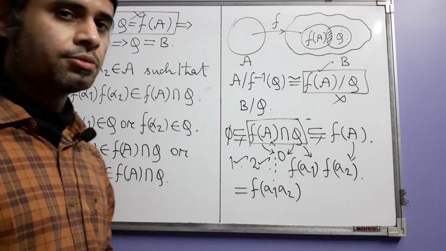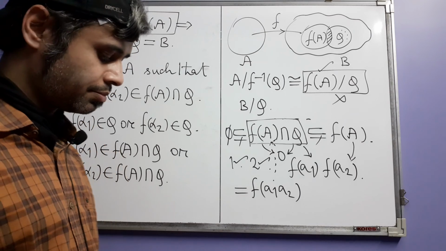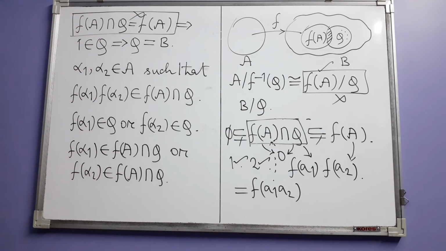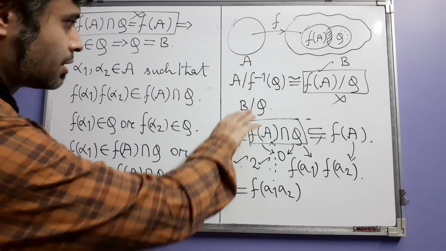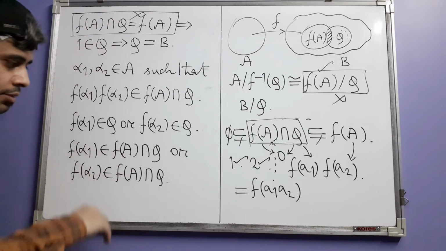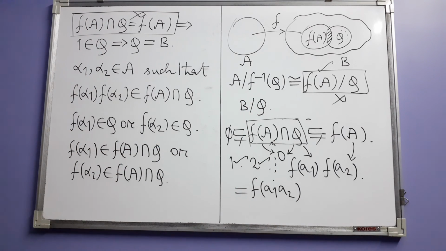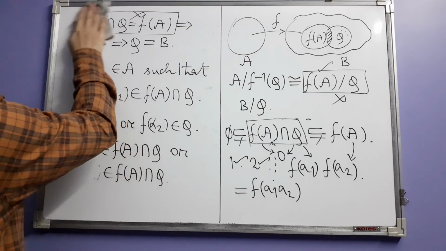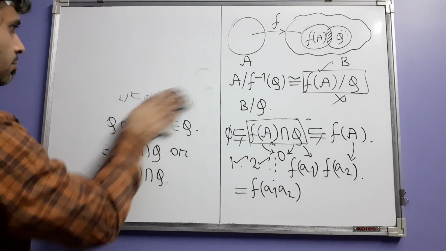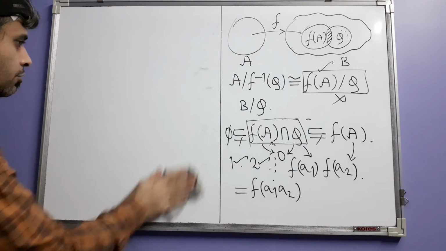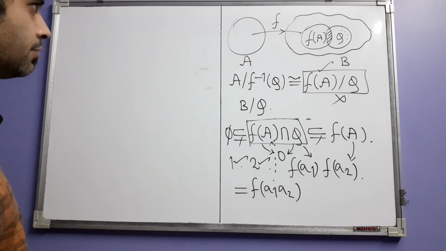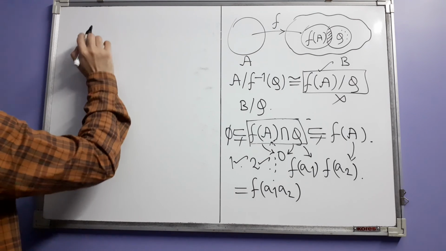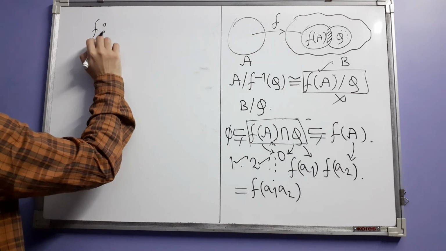Now we are going to use the correspondence theorem. Okay, so I kind of want to keep this part, so let me just erase this part. Correspondence theorem to what? To this slight modification of the homomorphism.